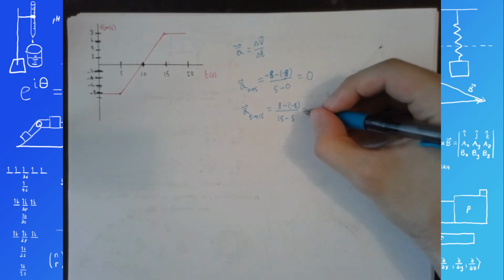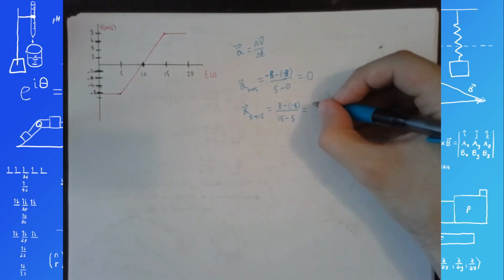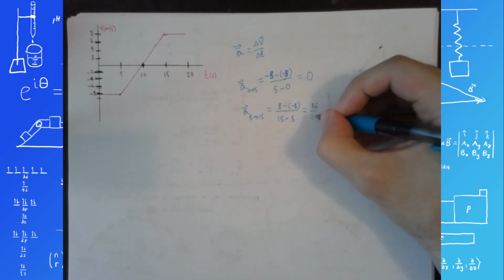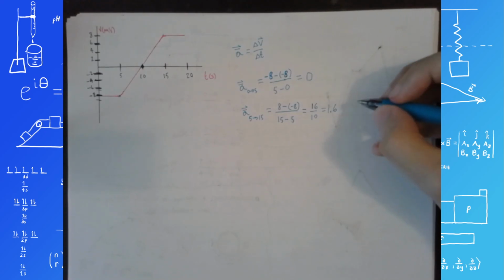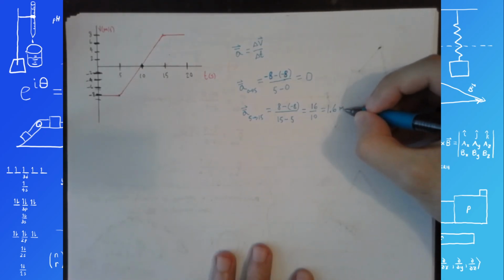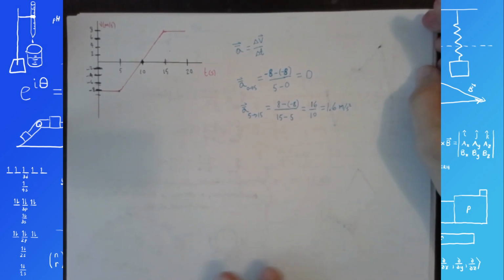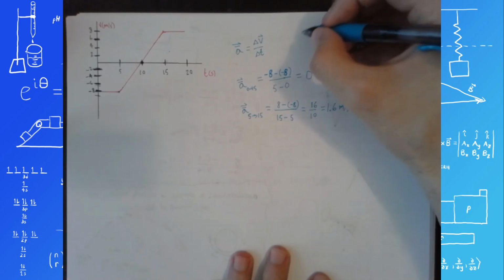So that's 16 over 5, or no, 16 over 10 rather, which is 1.6 meters per second, or meters per second squared. Actually, let me go ahead and show that in case that's still bothering some people.